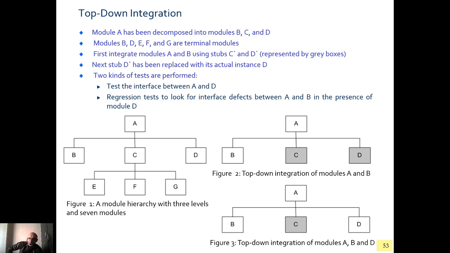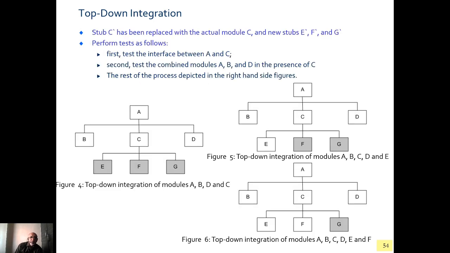Now top down integration of modules A, B, D; C is not considered here. So test the interface between A and D. The regression test looks for interface defects between A and B in the presence of module D.